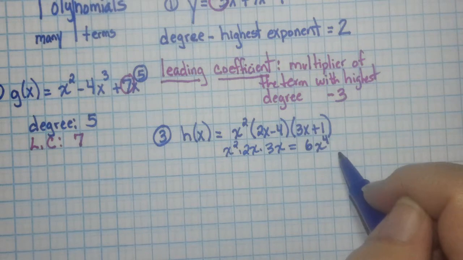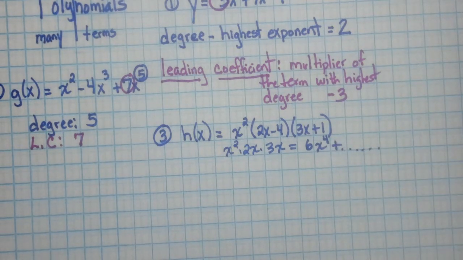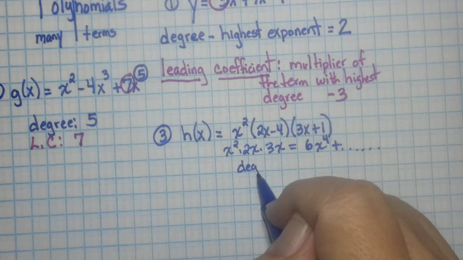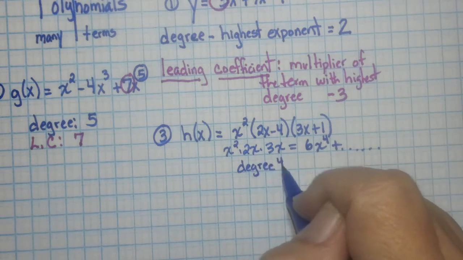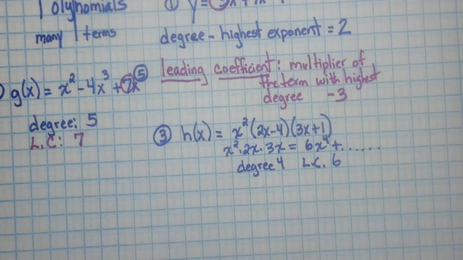Now, it's then going to be plus and minus some other stuff, but I don't need to know what those other terms are. What's my degree? 4. My degree is 4. And what's my leading coefficient? 6.